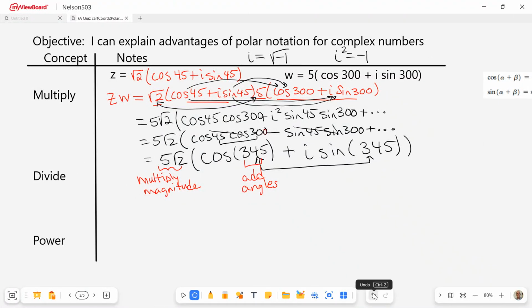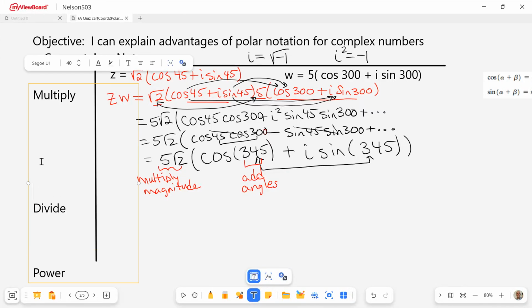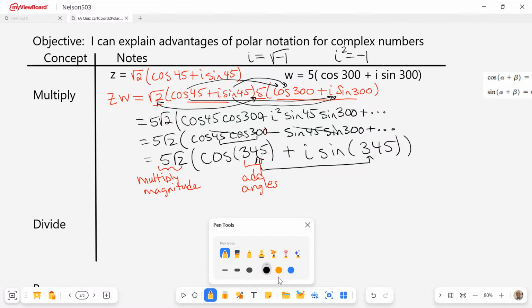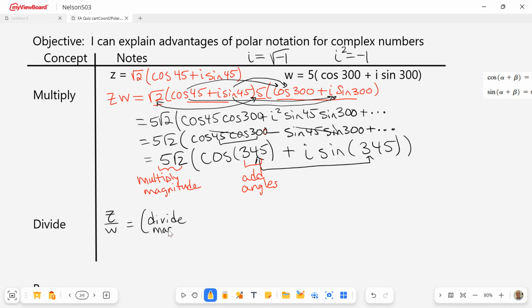Okay, so I hope you would consider adding the divide part to your notes right now. I'm going to see if I can clean my notes up a little bit here. So let me see if I can move the divide down a little bit. And what is the rule when we're dividing? Well, we're going to divide the magnitudes. So if we have z divided by w, we want to divide magnitudes, and then we're going to subtract the angle.